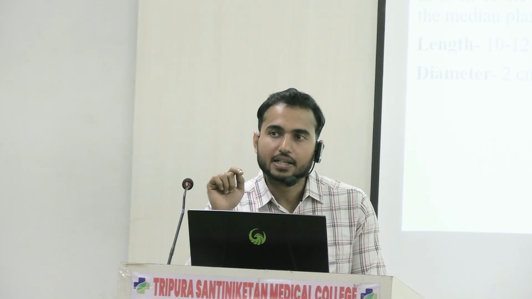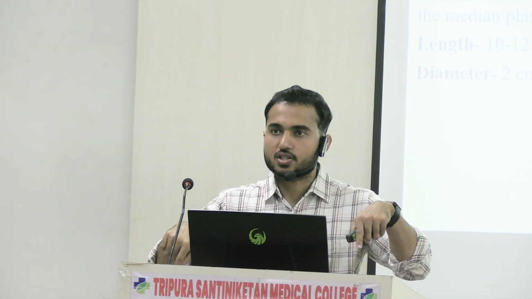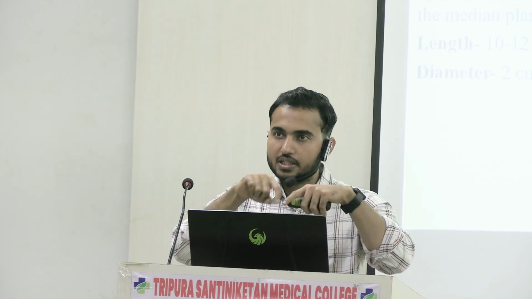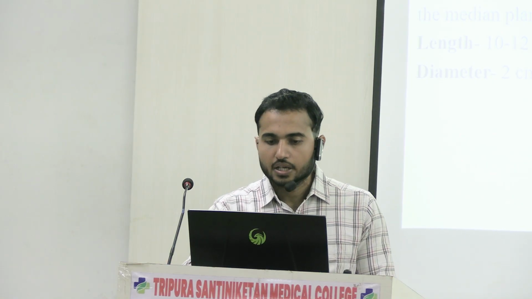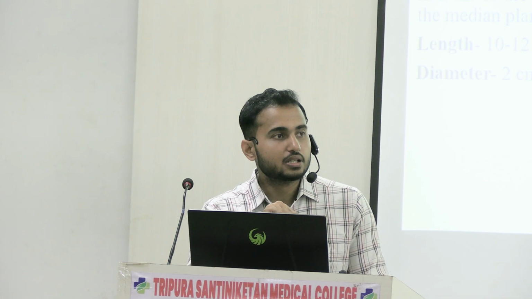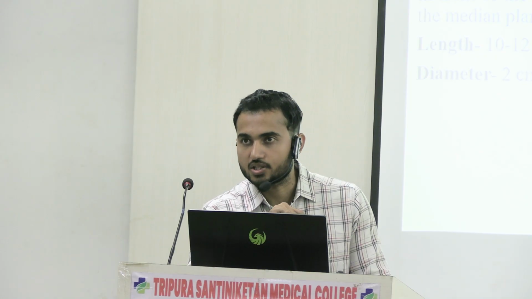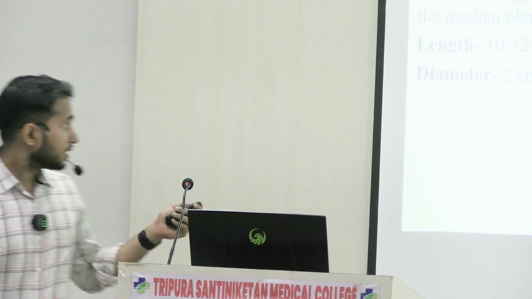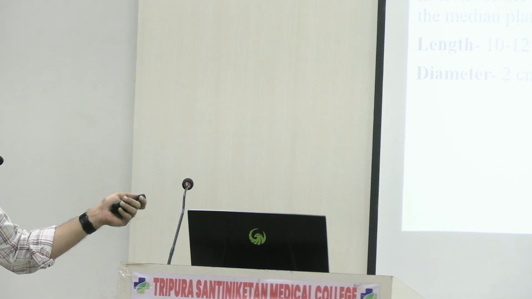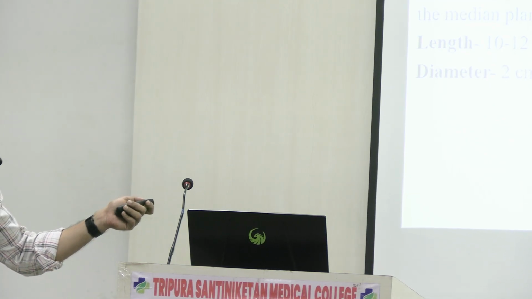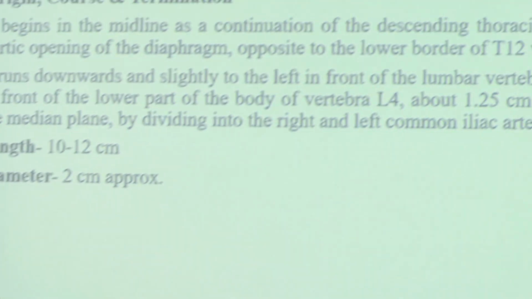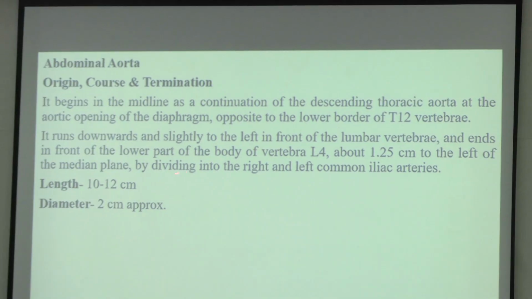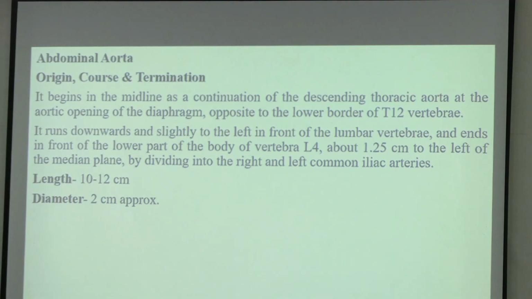Now, at that point, what happens? It terminates and then it bifurcates. It will bifurcate into the right and left common iliac arteries. As you can see, in front of the lower part of the body of the L4 vertebra, approximately 1.25 centimeter left to the median plane, it divides into the right and left common iliac arteries.